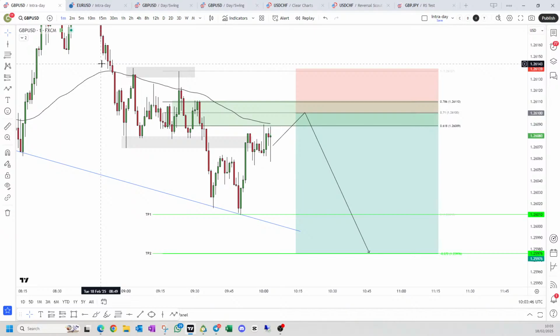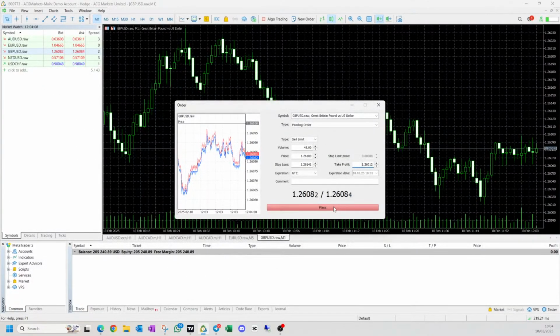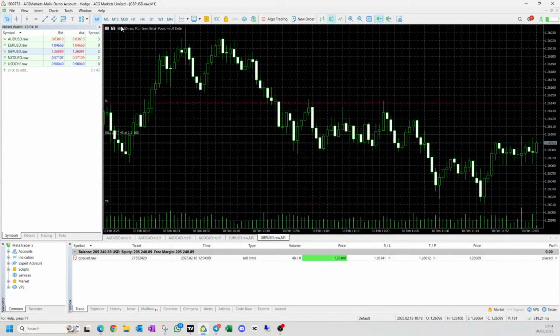This is some crazy tick action going off right now. Right, I think that gives me enough reason to enter now. We've had a decent bit of rejection off that 61.8. I am going to sell limit that.